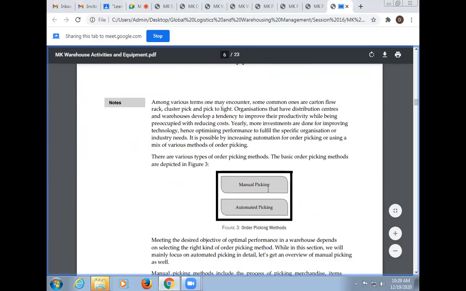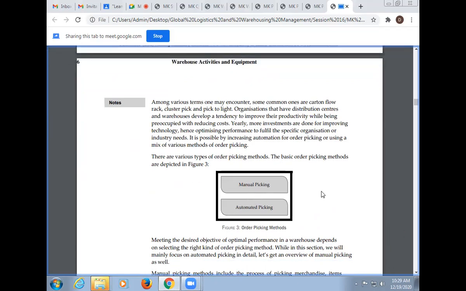Here, the order picking methods are given. How the order picking can be done: manual picking, automated picking. Among various systems, some common ones are carton flow rack, cluster pick, and pick to light.